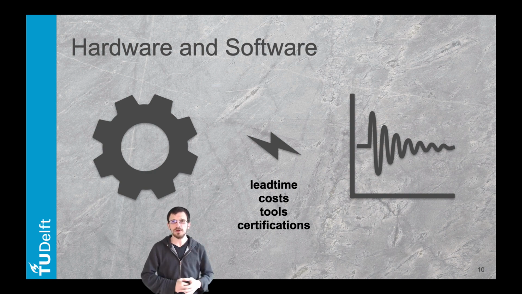The lead time for tasks of each type will differ significantly, usually imposing two parallel iterations at different paces. The costs and tools vary, leading to a higher skill diversity in the team. Finally, hardware requires additional distribution and certification steps for each release.